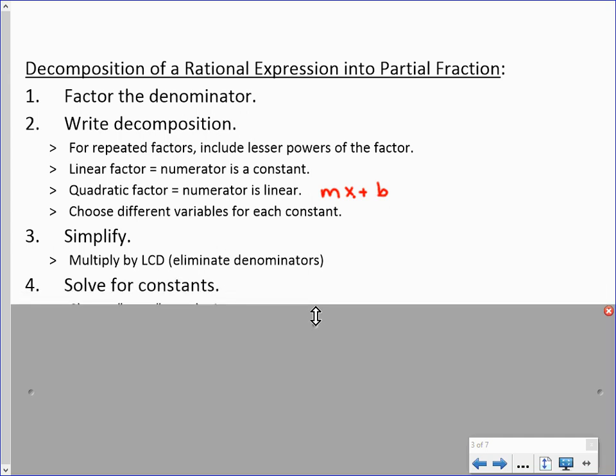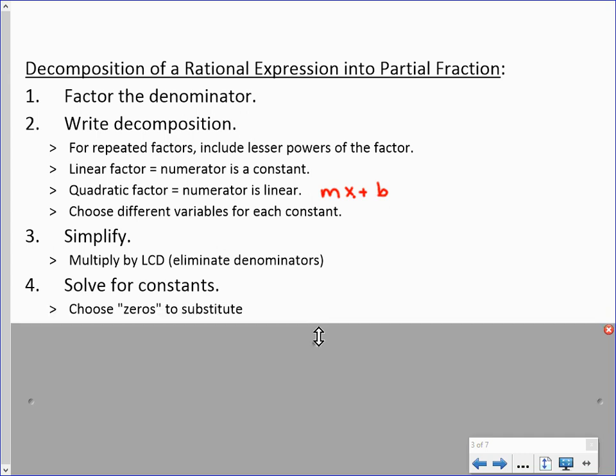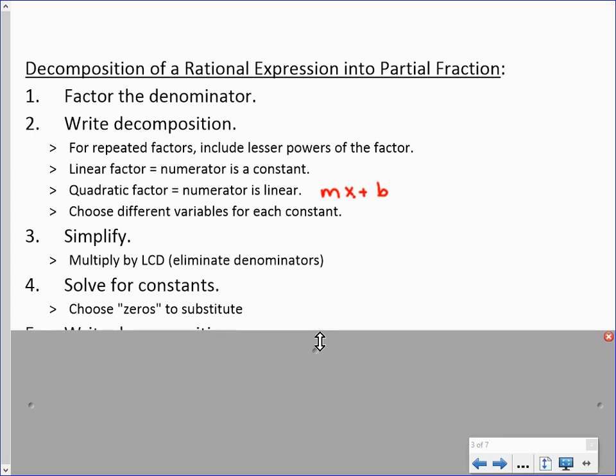After you do that, you'll be able to solve for your constants. So we actually want to figure out what A, B, or C equals numerically. Now, I do have a hint for solving for constants, and my hint is choose the zeros to substitute.